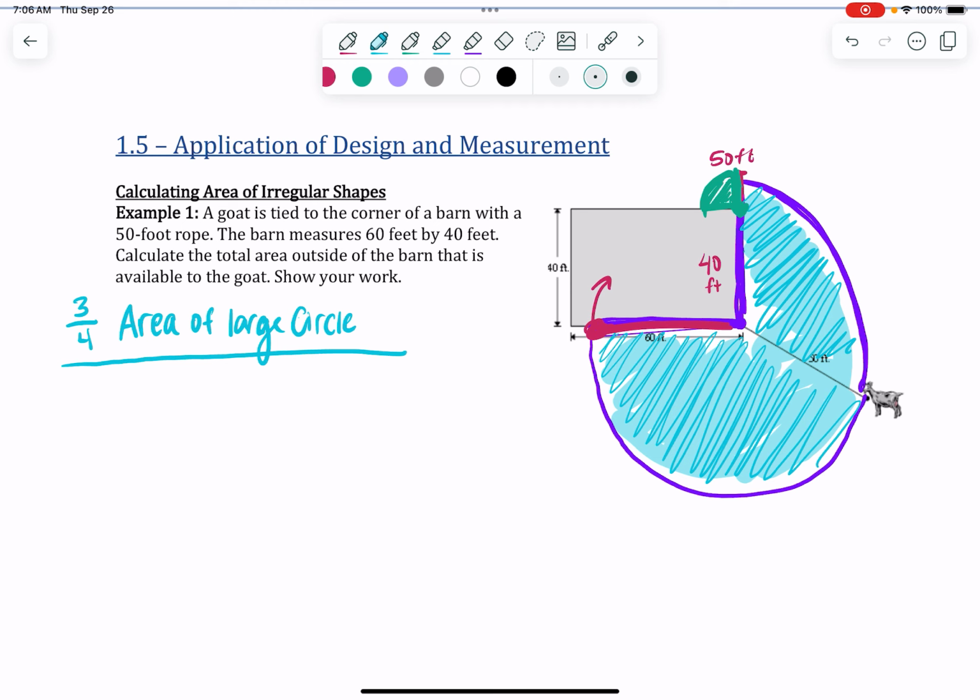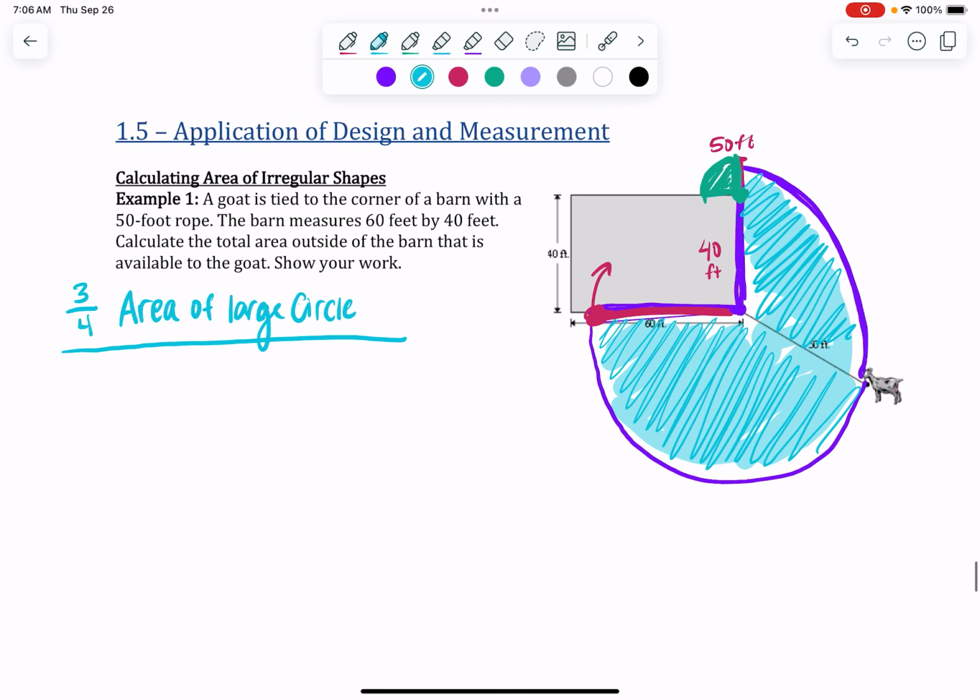Now this is very similar to the example that we would have had in that skills review, right? Anytime we have 3/4 of something, of in math implies multiplication. So if I want to find that area, I'm just going to multiply 3/4 by the area of that large circle. So pi r, with a little subscript capital L for large, squared.